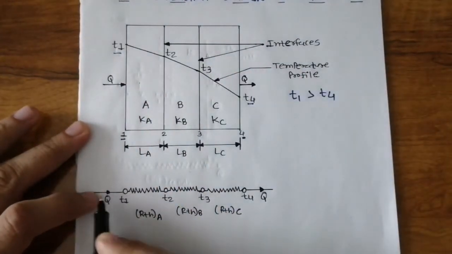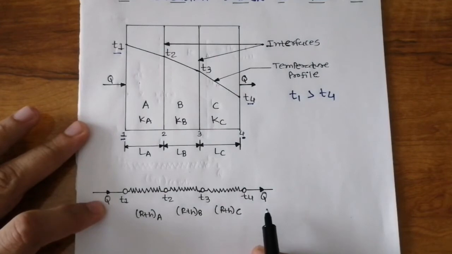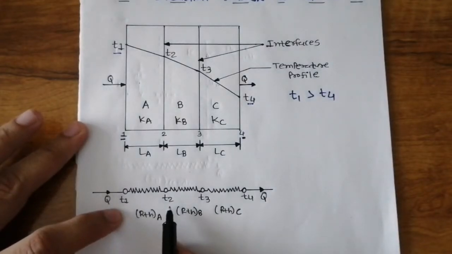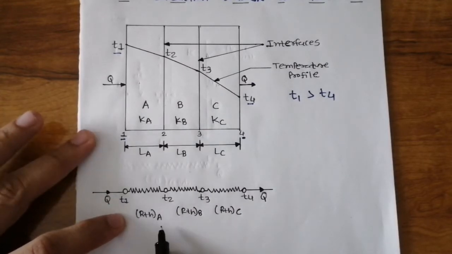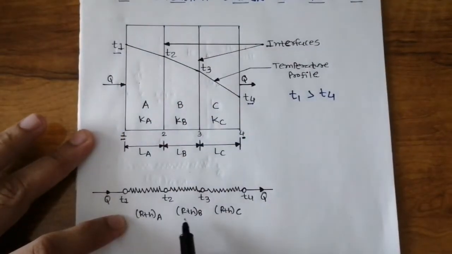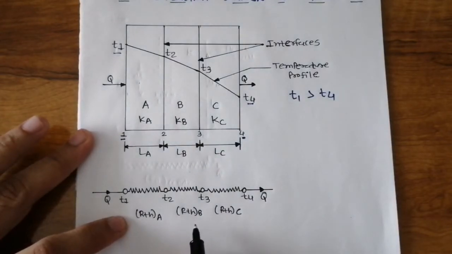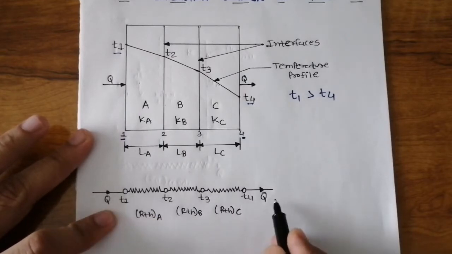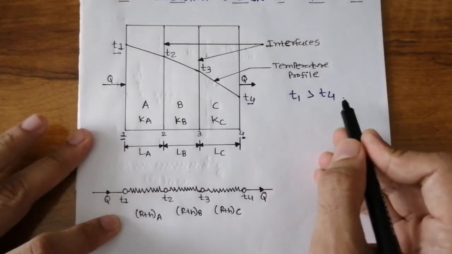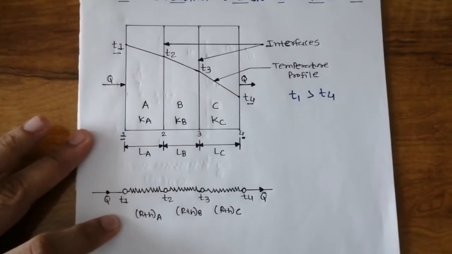Heat is transferred from the left side to the right side due to temperature difference. We consider the temperature difference T1 to T2, and between them resistance A, which is the thermal conduction resistance of layer A. Similarly, heat is transferred from T2 to T3 through the thermal conduction resistance of layer B, and similarly the thermal resistance of layer C. That is the conduction resistance of the wall. There are temperatures T1, T2, T3 and T4, and since T1 is greater than T4, heat is transferred from left to right.